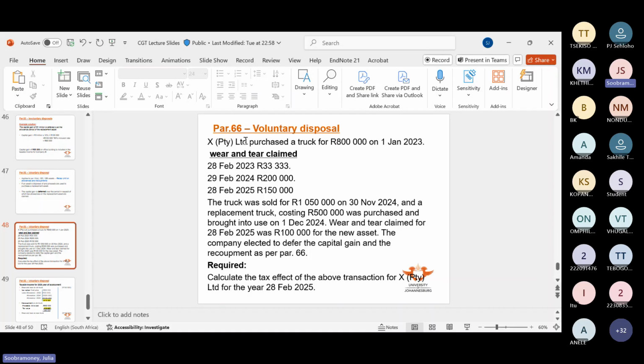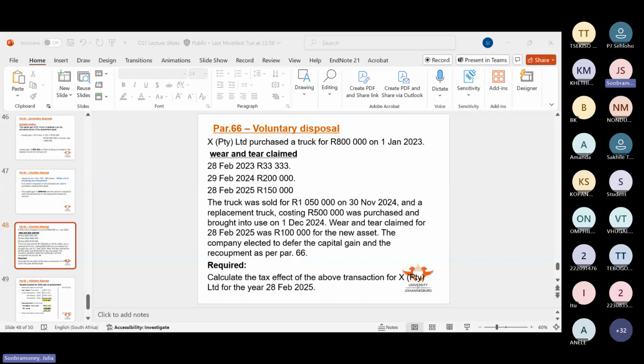X Limited purchased a truck for 800,000 on 1 Jan 2023. So let's stop there. Is this a pre-valuation date asset or post-valuation date asset? Please tell me, is this asset? It's post.